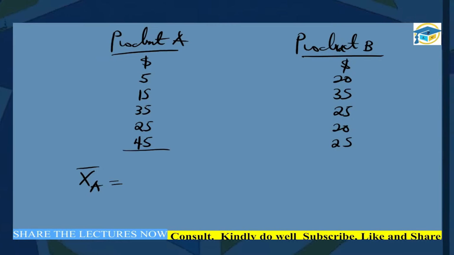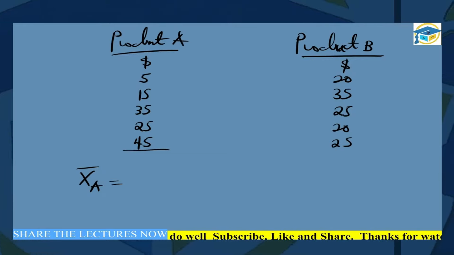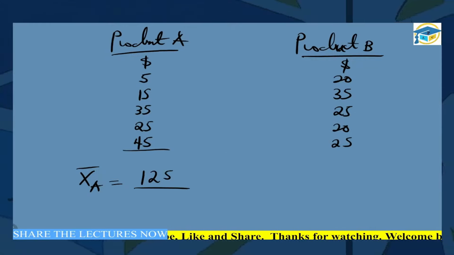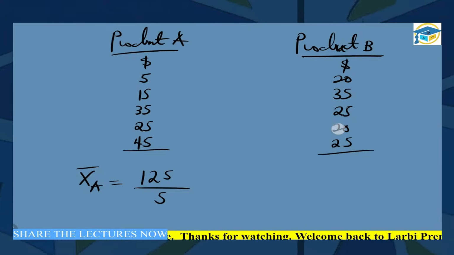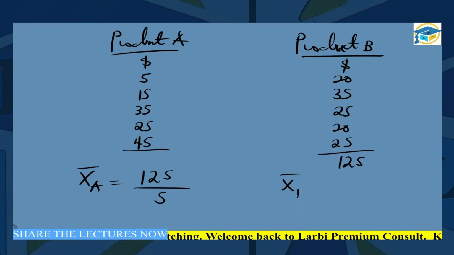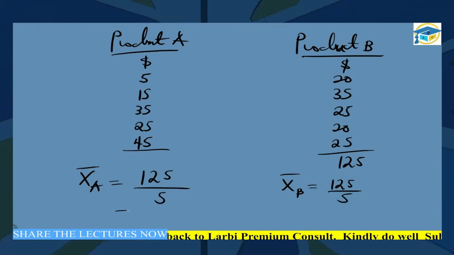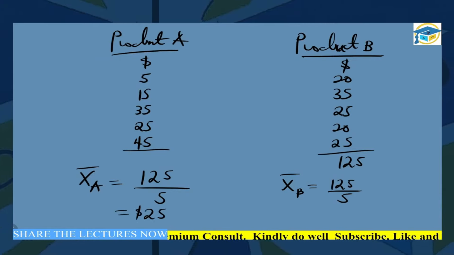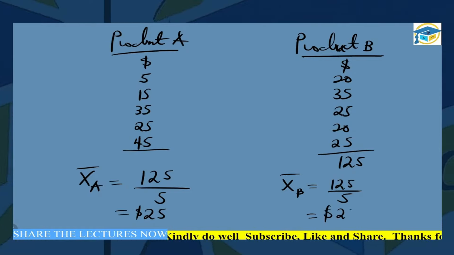When we add 5 plus 15, 35, 25, and 45, we get 125. 125 divided by 5, the number of prices, gives 25. We do the same for product B: adding all, we get 125, and divided by 5, we get 25. So on average, the price change was 25 dollars for both.